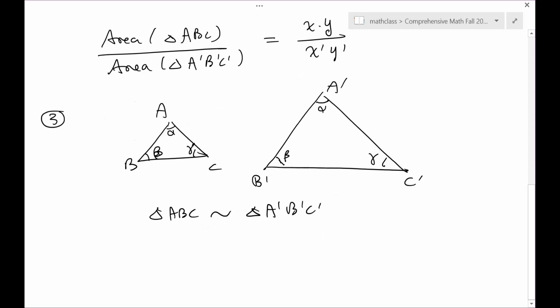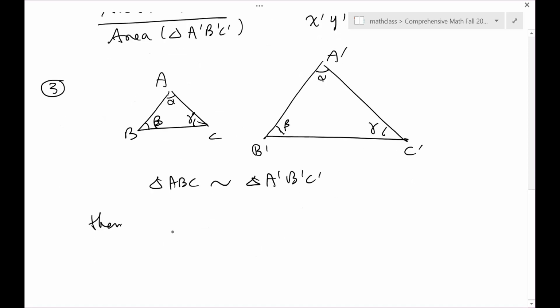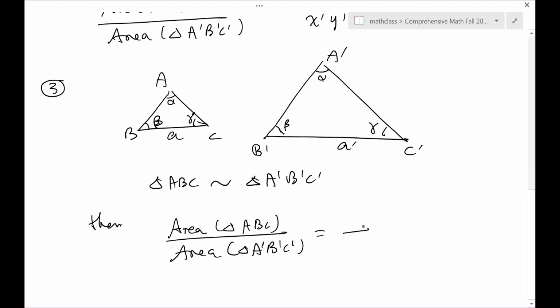Then the ratio of the area, you just need the one side. Okay, if this side is a, this side is a prime, then the ratio of the area ABC to A prime B prime C prime is just equal to a over a prime, squared.